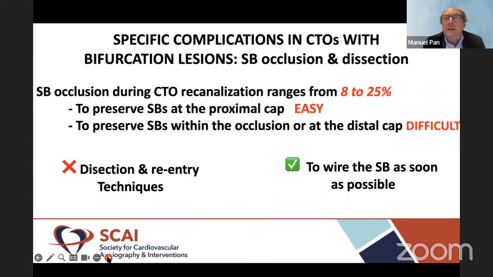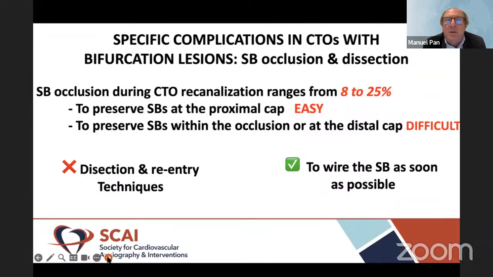In this context, a specific complication can appear. We know that CTO is a complex lesion with a relatively high incidence of complications, but in combination with a bifurcation, the procedure is much more complex.